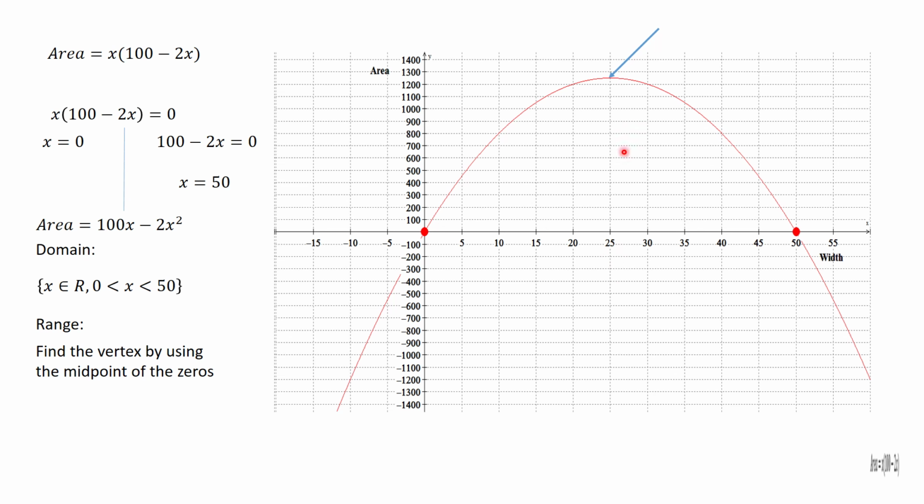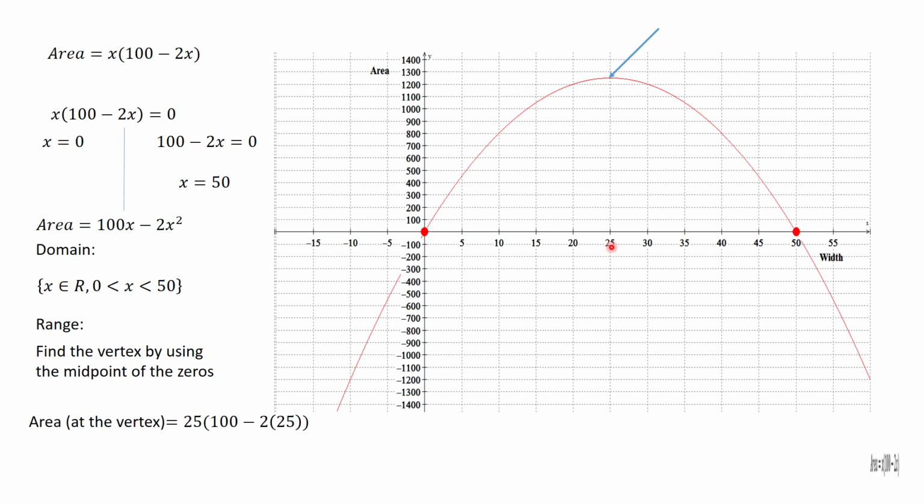This axis of symmetry here that splits the parabola in two represents the line along which I have my vertex. My vertex is along the line somewhere up here. For me to figure out exactly what the y value, or the area value, is at that point, I just have to stick this 25 into the formula.